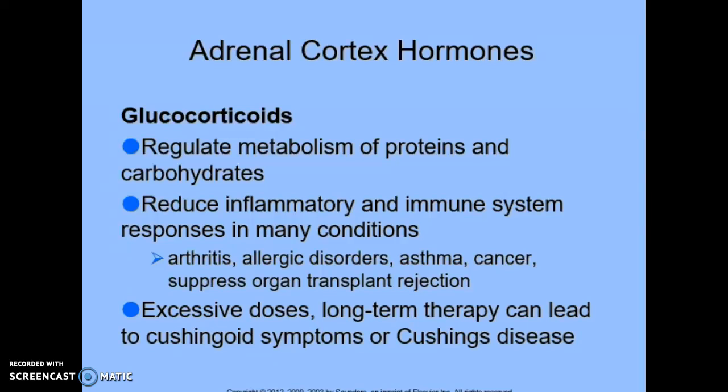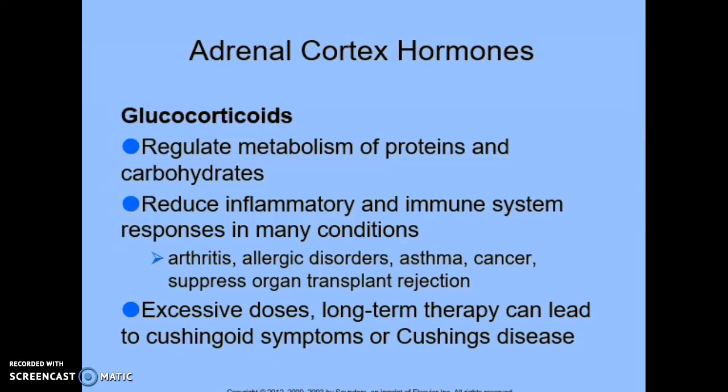So adrenal cortex hormones, the glucocorticoids, regulate metabolism of proteins and carbohydrates, and reduce inflammatory and immune system responses in many conditions. Some examples you see here: arthritis, allergic disorders, asthma, cancer.